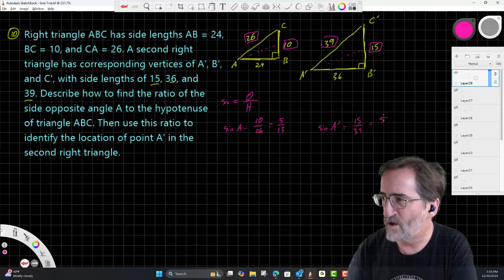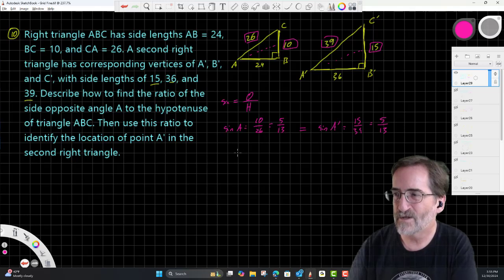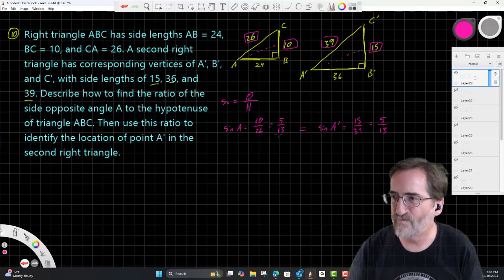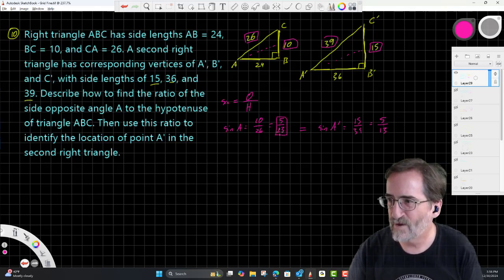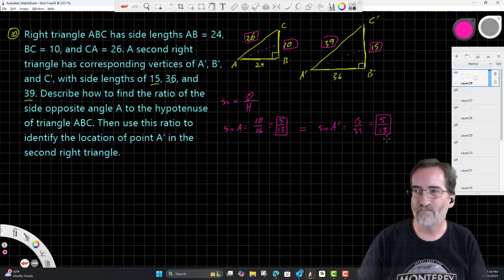Reduced by 3, we get 5 over 13. They are equal. Therefore, I've identified the correct angle. Sine A is right there, and its ratio is 5 to 13. Sine A prime, its ratio is also 5 to 13.